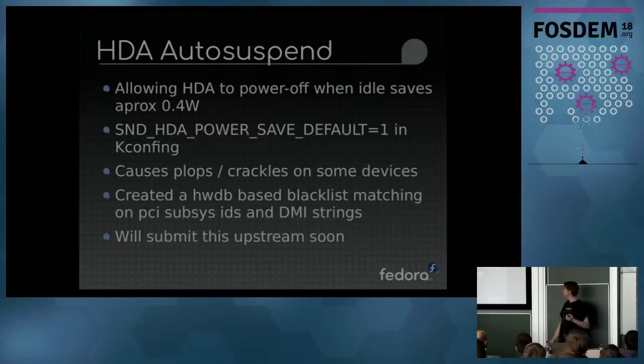I don't know if you've ever looked at the hardware database part of systemd, or HWDB. Every file in there, which has a set of rules, has a header which explains how to submit new rules. I put a rule in there that upstream systemd will only accept new entries if they have a kernel bugzilla. So you must file a bug before you blacklist your specific laptop for this, so that we can hopefully fix it one day.